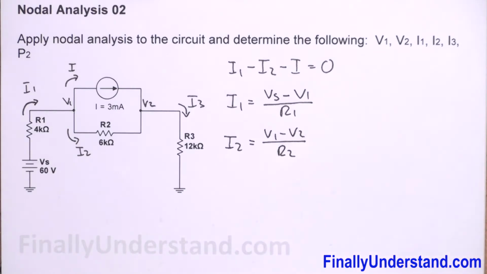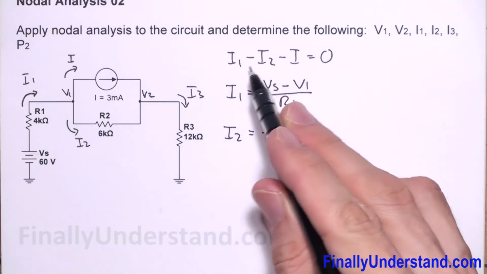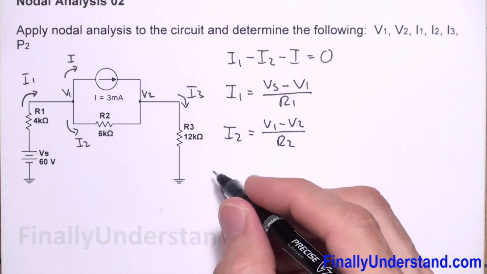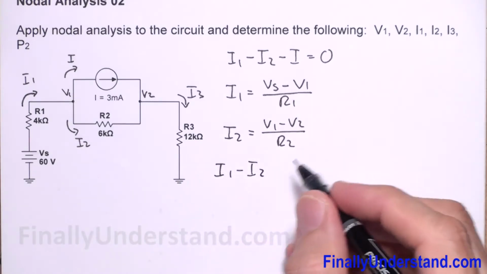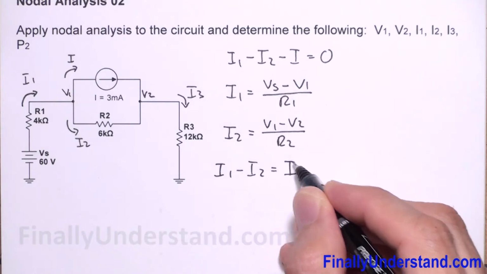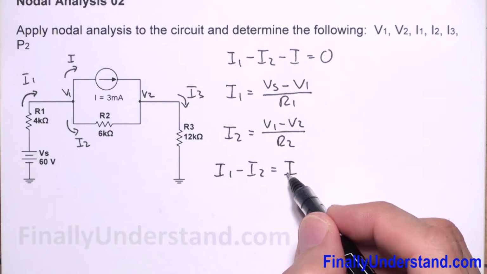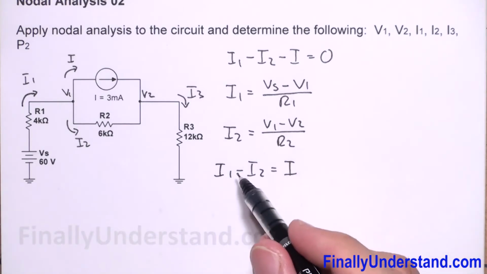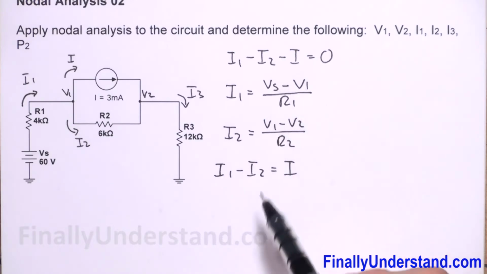Next, I'm supposed to simply rewrite this formula. I have I1 minus I2 is equal to I. I moved this I to the right side, that's why it became positive. Next, I have to substitute I1 by Vs minus V1 over R1.